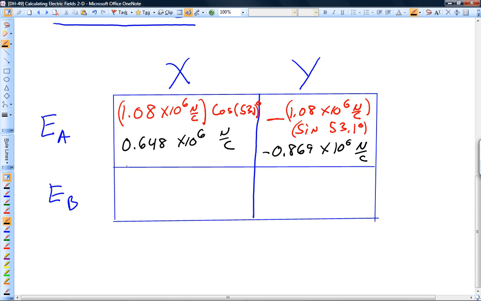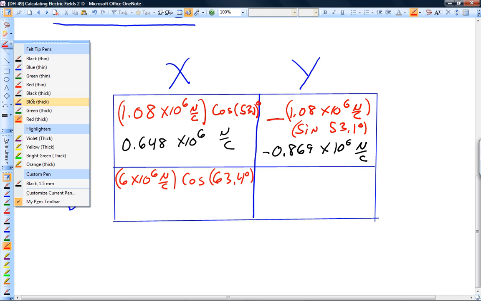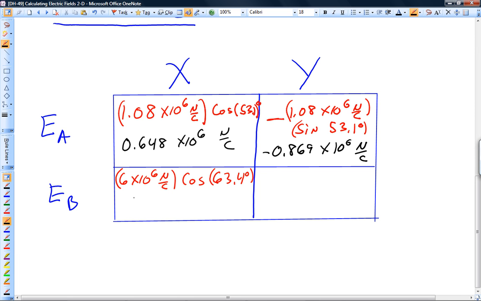Then for B, when we plug that in, we're going to get 6 times 10 to the 6th newtons per coulomb times the cosine of the different reference angle, 63.4 degrees. And that gives us 2.687 times 10 to the 6th newtons per coulomb.